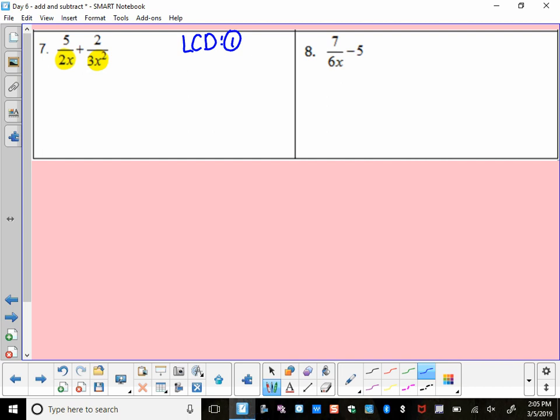Well, 2x is really just 2 times x, right? Because we just have a number and a variable, go ahead and break it up. And then I have 3x squared. Break that up too. So 3 times x times x. That's 3x squared. I'm just breaking it up so I can see it better.